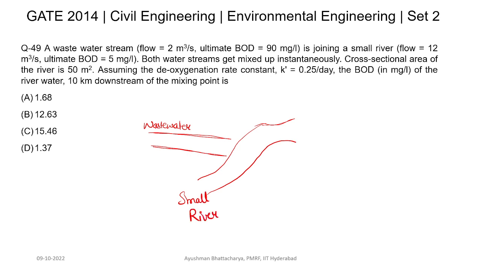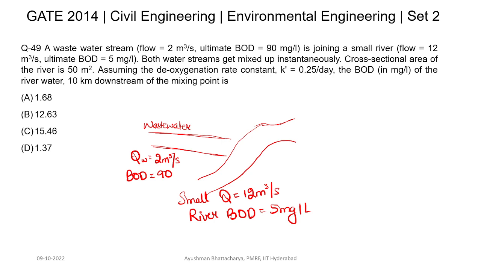The flow rate of the wastewater stream is QW, 2 meter cube per second, and ultimate BOD is 90, whereas the small river has flow rate 12 meter cube per second and ultimate BOD of 5 milligram per liter. So now the question is asking the BOD of the river water 10 km downstream.